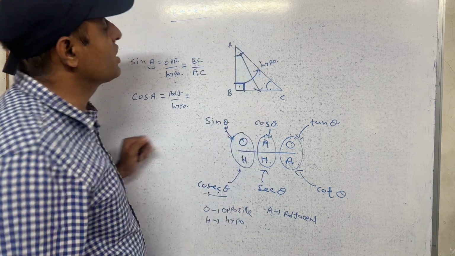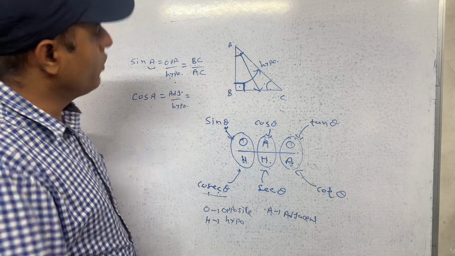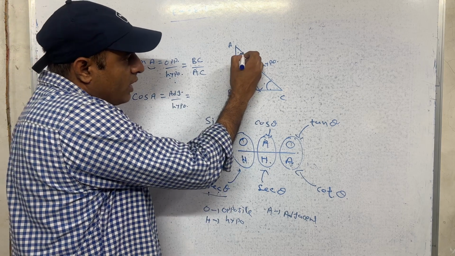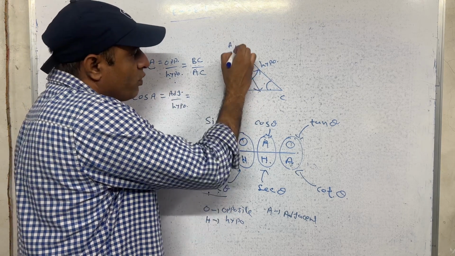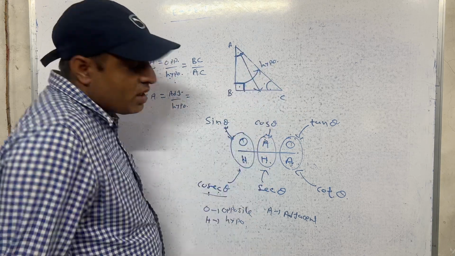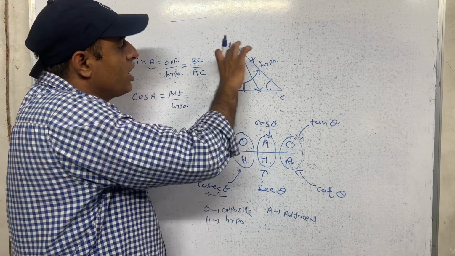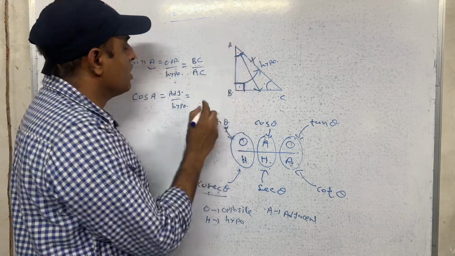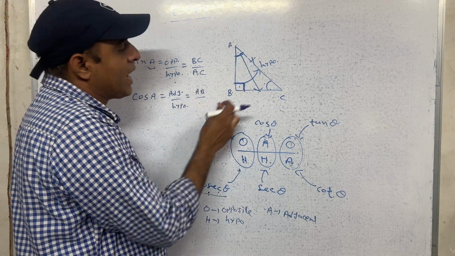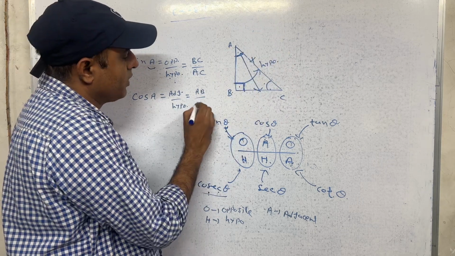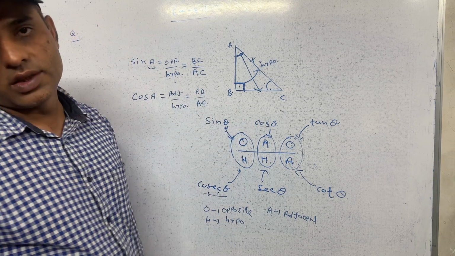If you observe, we can see two sides adjacent to angle A: one is AB and one is AC. But AC is the hypotenuse, so this option is not valid. So AB is going to be your adjacent, and hypo we know is opposite to the 90 degree, that is AC. So AB by AC.